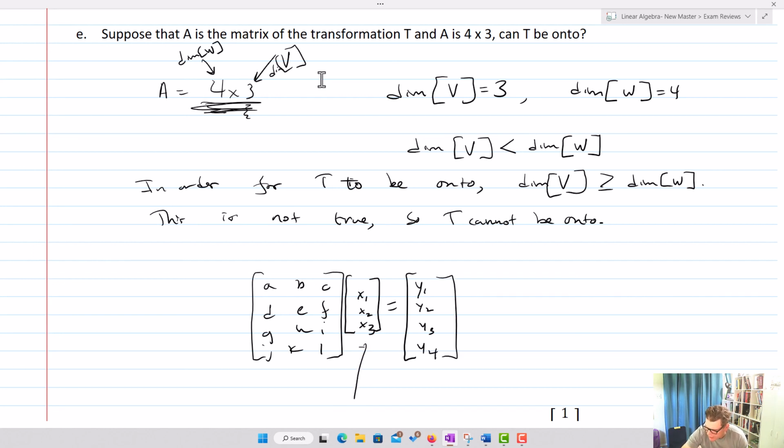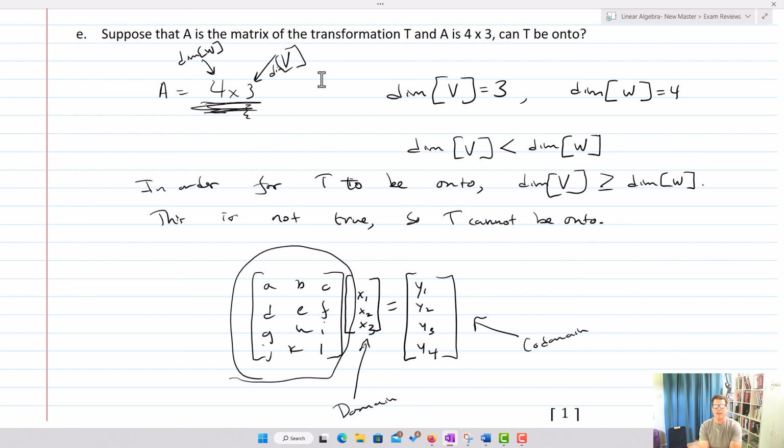So this thing here is my domain. It's three-dimensional. It may not necessarily be R3. We might be transforming something into R3, but it's still just three-dimensional. And this thing over here is our codomain, which is four-dimensional. Input space, domain, output space, codomain, and here's our matrix of transformation.